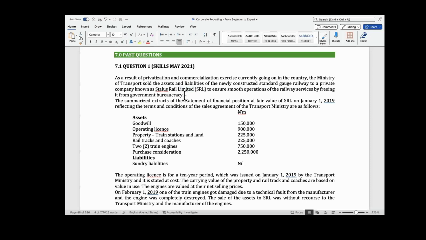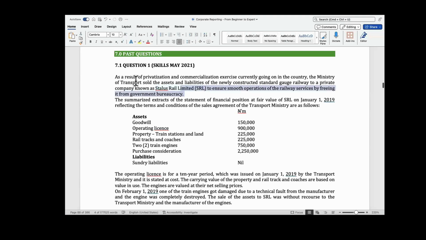Okay, so let me just analyze this first paragraph. The Ministry of Transport sold a railway to a company, and that's that in this first paragraph.